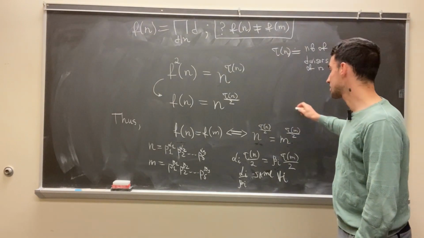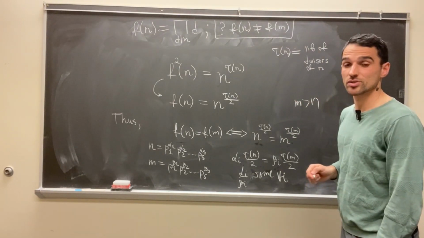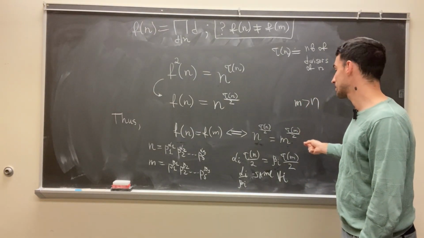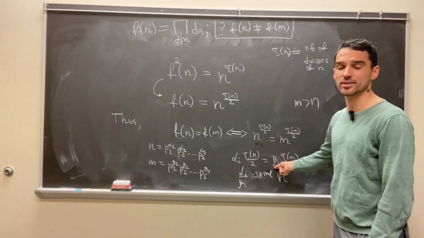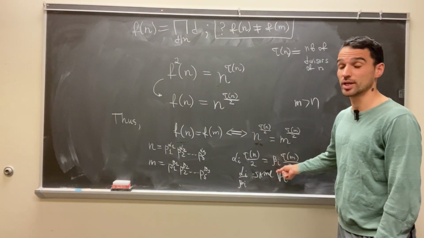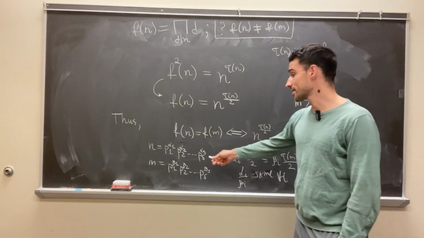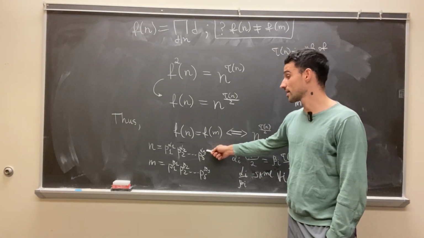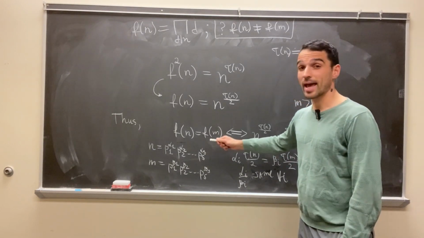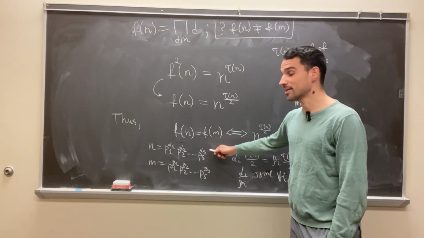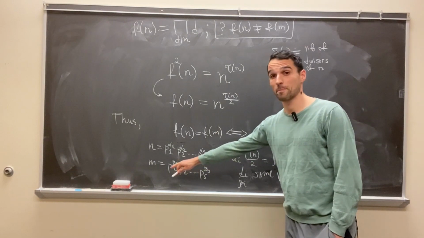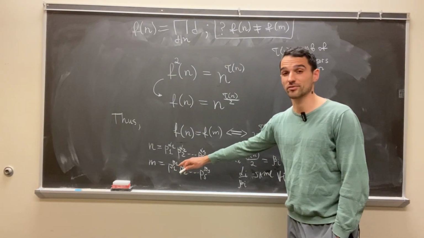If m is greater than n, as we can assume, then what this means is that the betas are always greater than the alphas and the ratio is the same. But if the betas are always greater than the alphas, then this simply means that every divisor of n is also a divisor of m, but not vice versa, right?